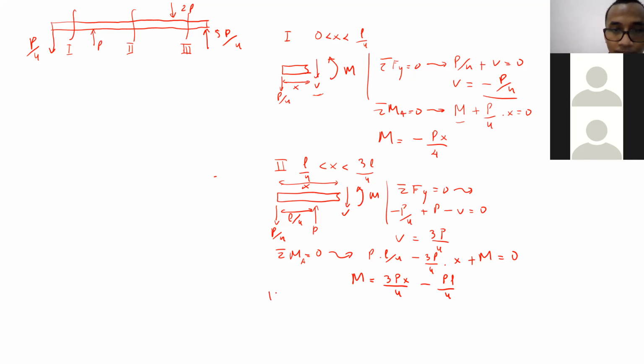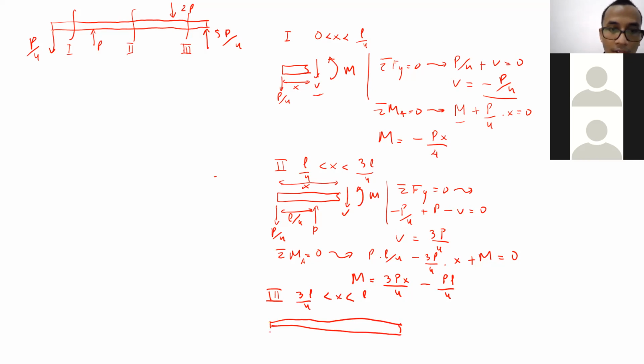The last one is for the section between 3L over 4 till L. And the free body diagram is supposed to be like this.